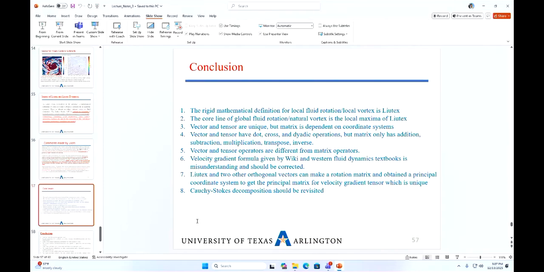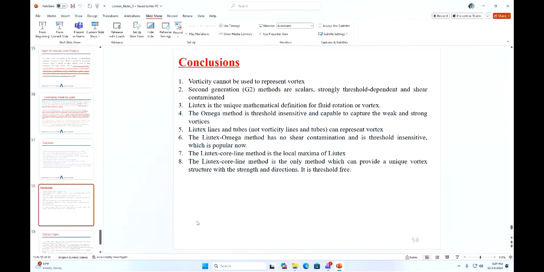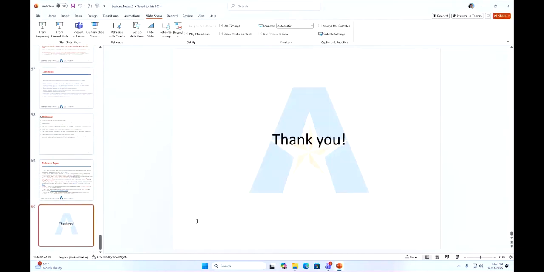The easy way is the omega method. The easy way is Nutex isosurface. This is still an isosurface, but don't think they're the same as Q. For a strong vortex they're pretty similar, but not everywhere. Okay? So I think I should stop at the conclusions as reference. Thank you.